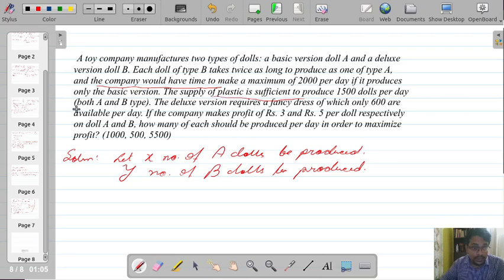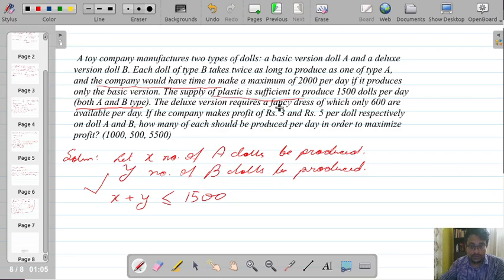So immediately we have one constraint: the total number of dolls produced cannot exceed 1500, because manufacturing needs plastic and the supply is just sufficient for 1500 dolls per day. So one constraint we already have is x plus y is less than or equal to 1500.